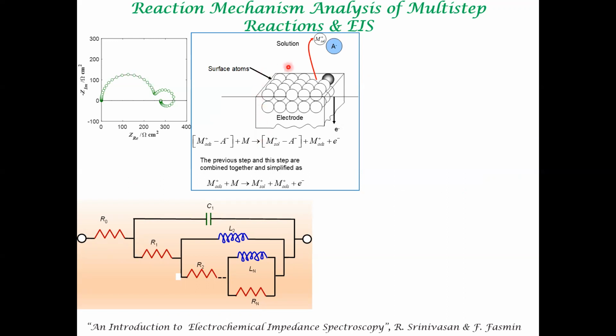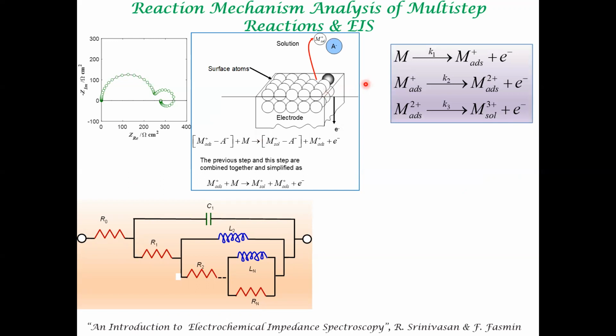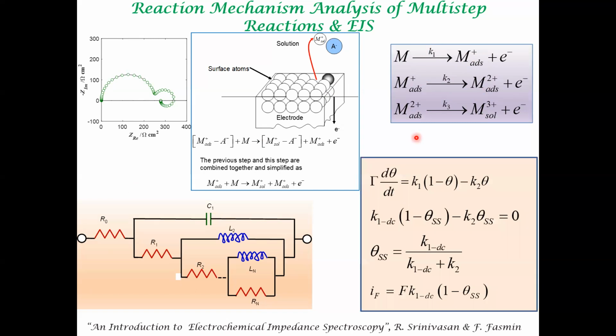You have active sites on the surfaces. There are many events like adsorption, desorption, dissolution, and of course electron transfer. The chemical events are represented in this manner, and you can write chemical kinetic equations. Once you write these chemical kinetic equations, that helps you generate an EIS spectrum.